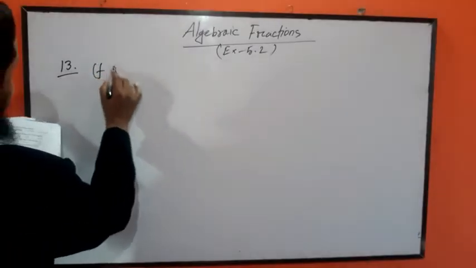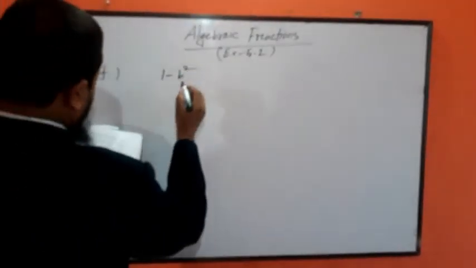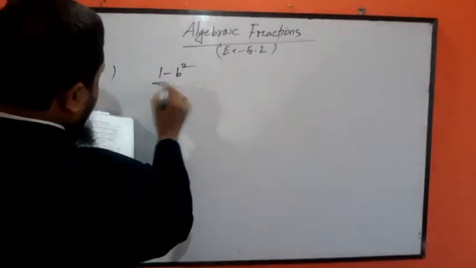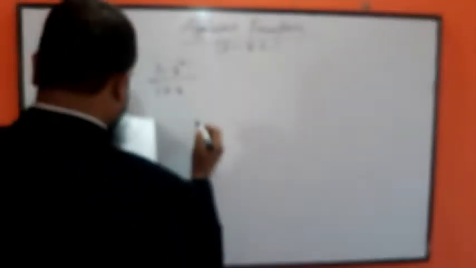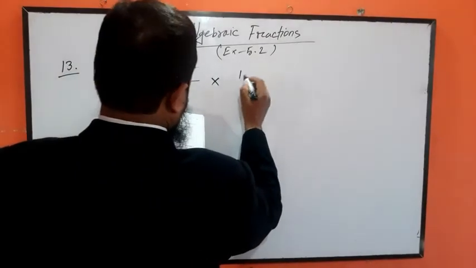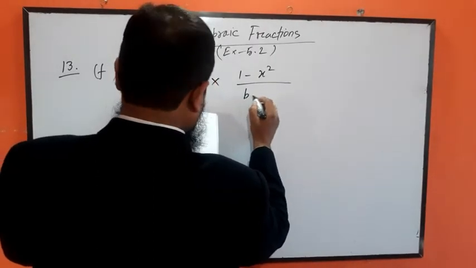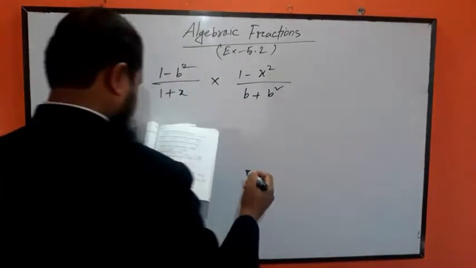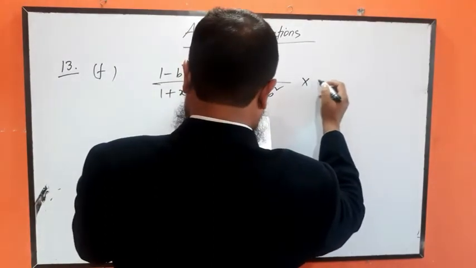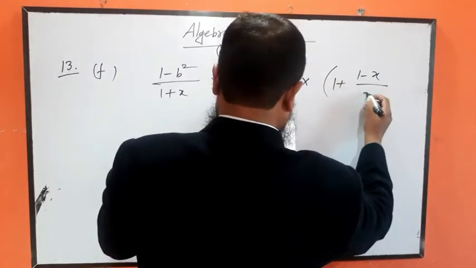1 by 3f, 1 by b square, 1 plus x, 1 minus x square, b plus b square, into 1 plus 1 minus x by x.